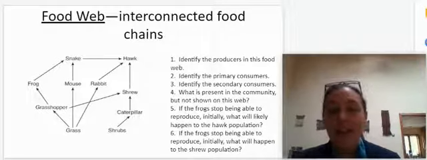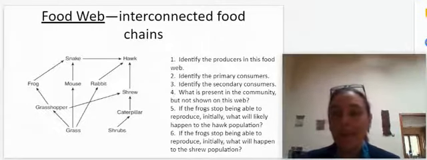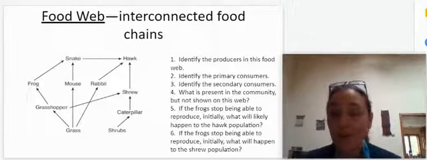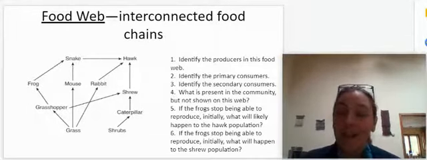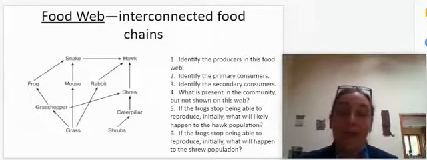Hi, everybody. So last time we talked about food chains and the fact that the arrows showed the movement of materials and energy and how they move through an ecosystem.